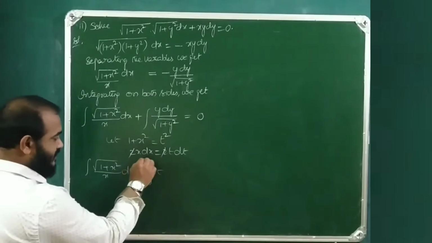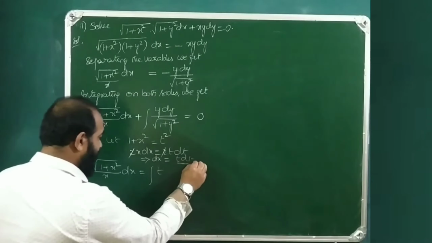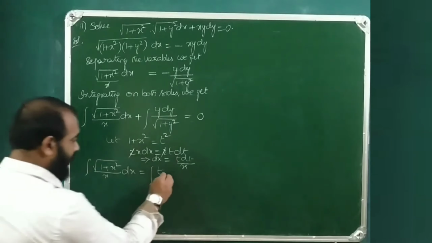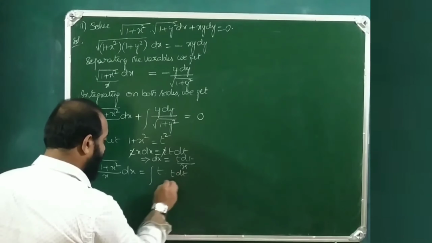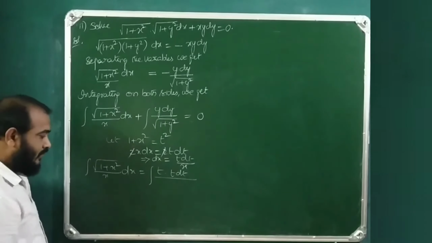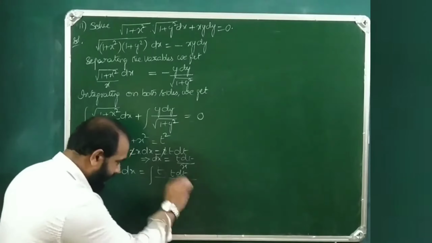From this, what is dx? dx is equal to t dt by x.